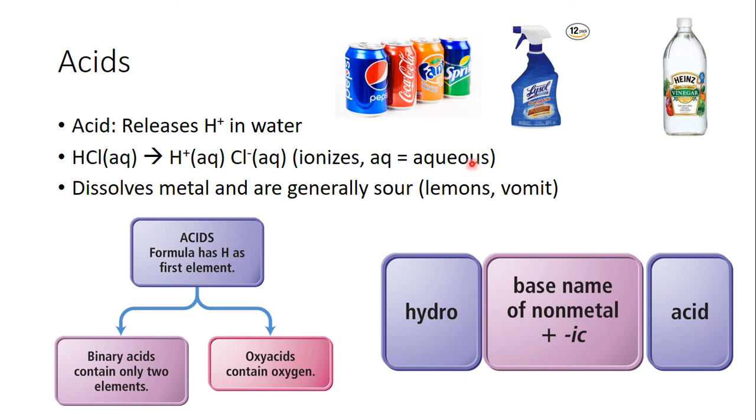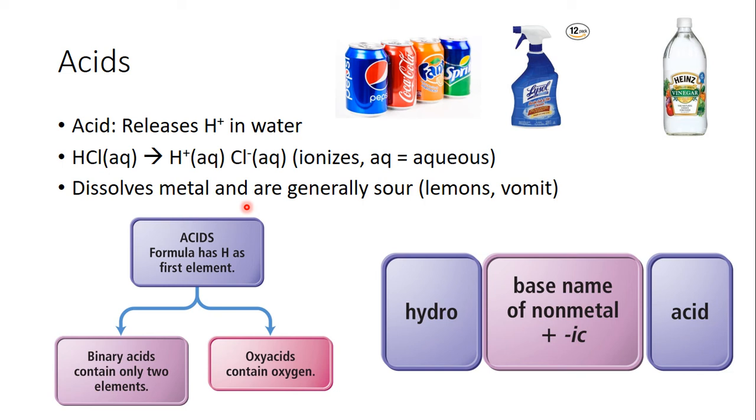That means they're aqueous, or dissolved in water. And we have acids in our everyday products such as vinegar, cleaning Lysol, and soda all have acids in them. And acids dissolve metal and they are generally sour tasting. So think of lemons or vomit, very sour tasting.